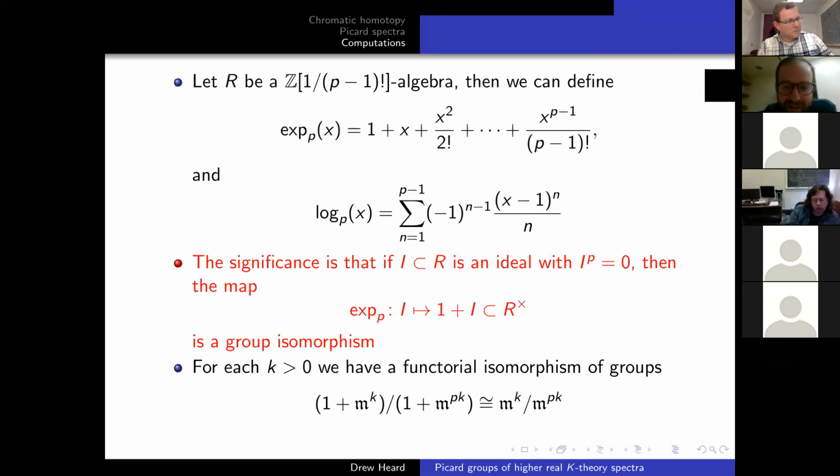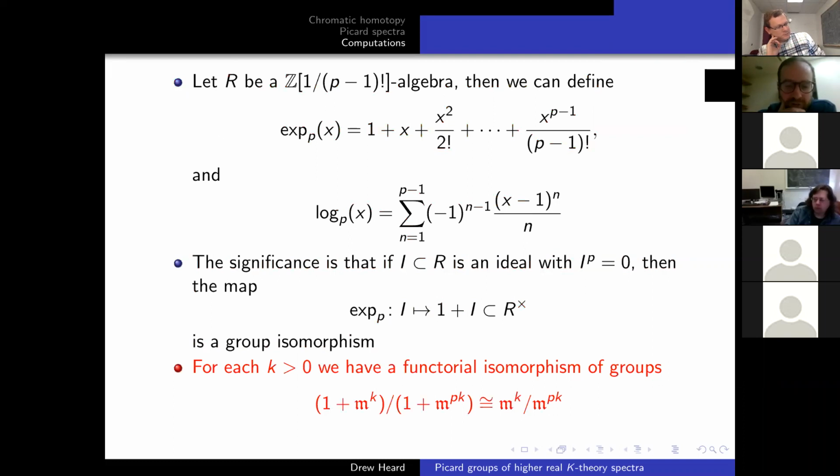So why do we care about this? Well, we choose some ideal I inside of R. If the ideal satisfies I to the p equals 0, then this map gives a group isomorphism between I and 1 plus I inside the units, the inverse given by the log function.